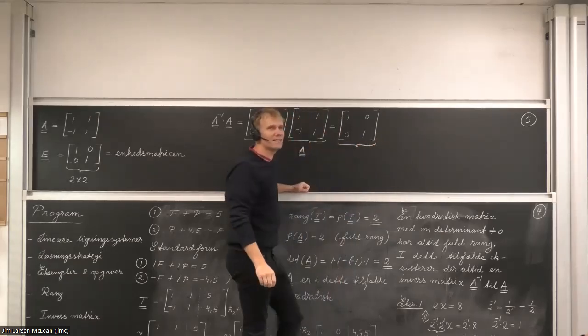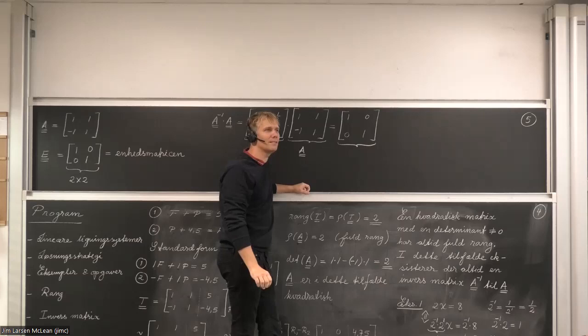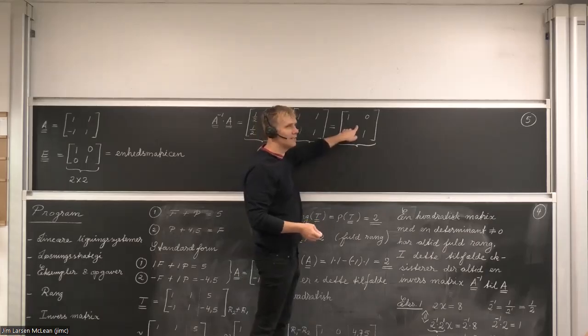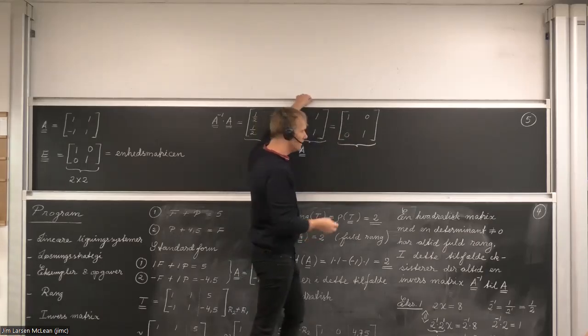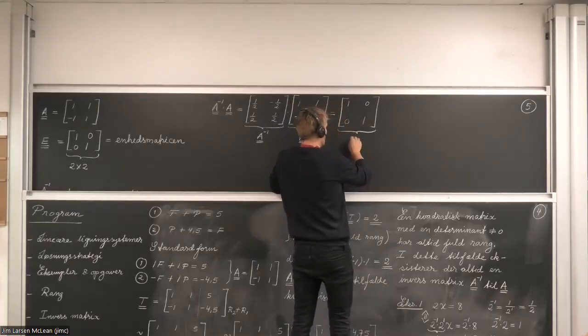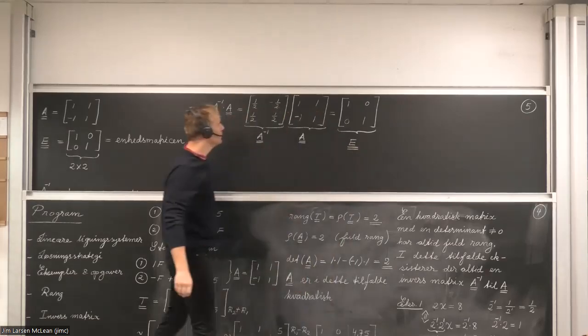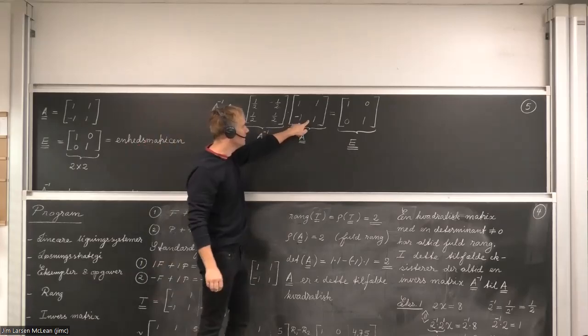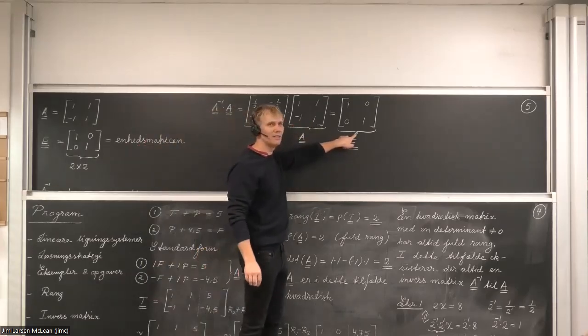And look at what came out of it. A very special matrix emerged, namely the matrix that corresponds to the number one back when we only learned about numbers. This is an advanced one. It's a matrix one. And that's what we call the identity matrix, a 2 by 2 identity matrix. So what have I found? I have found a matrix that, if I multiply it by A, gives the identity matrix.